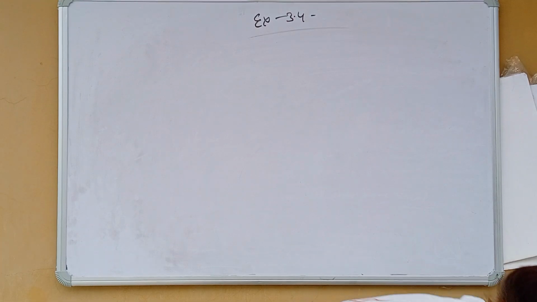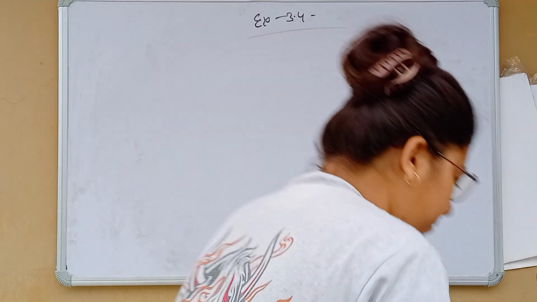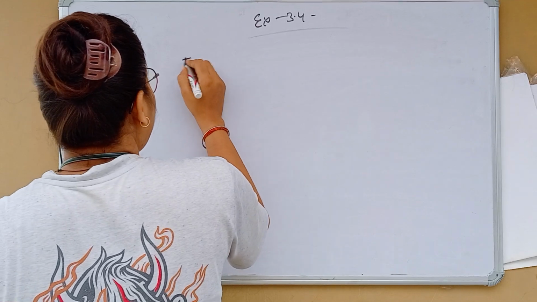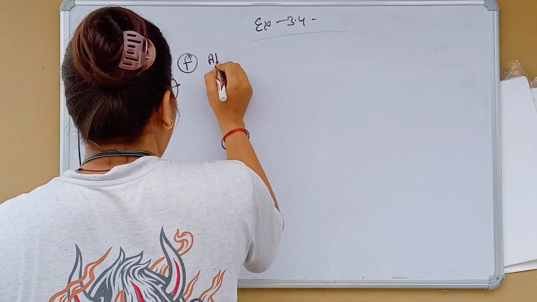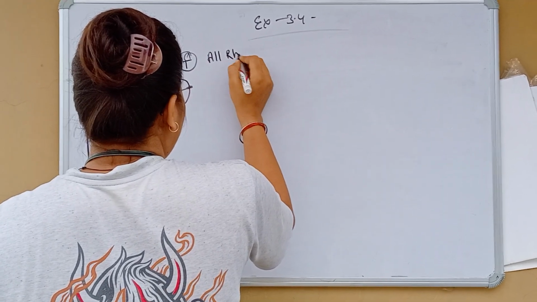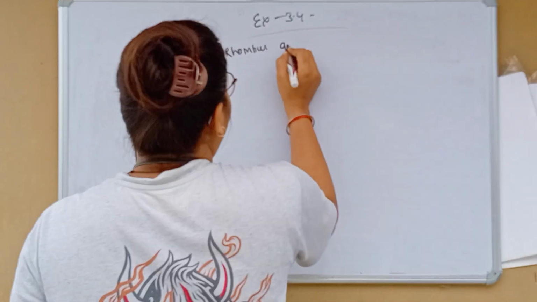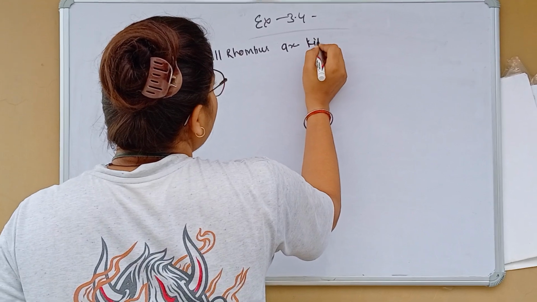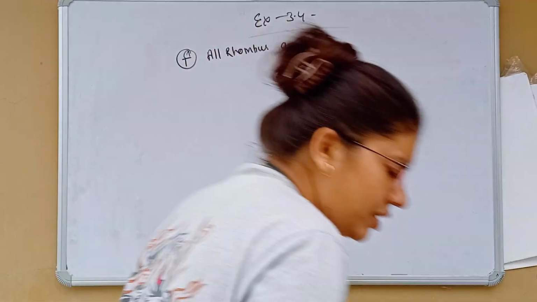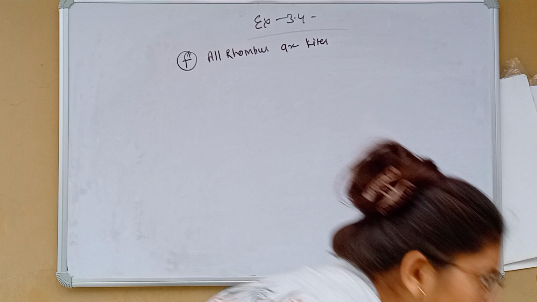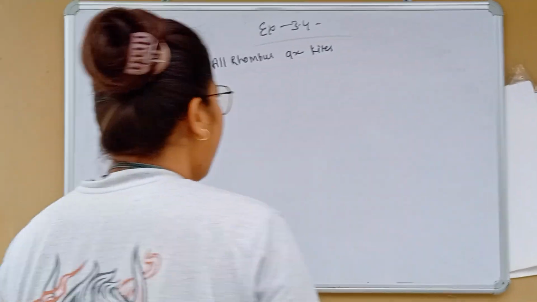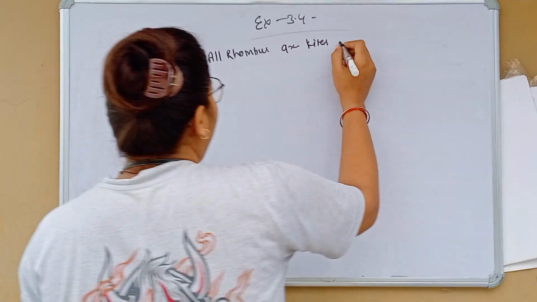So here question F says all rhombus are kites. Vice versa is asked here. Okay, all rhombus are kites. In the previous question it said all kites are rhombus, but here it says all rhombus are kites. So it's true. Why?